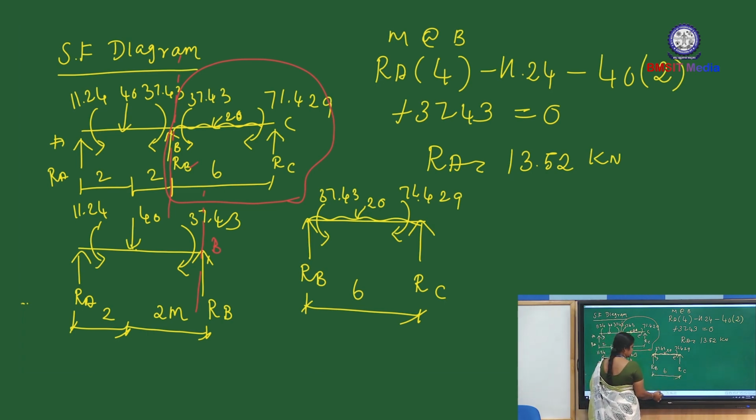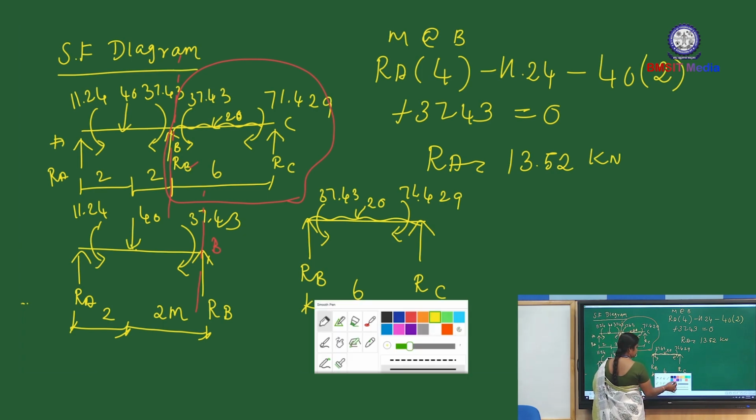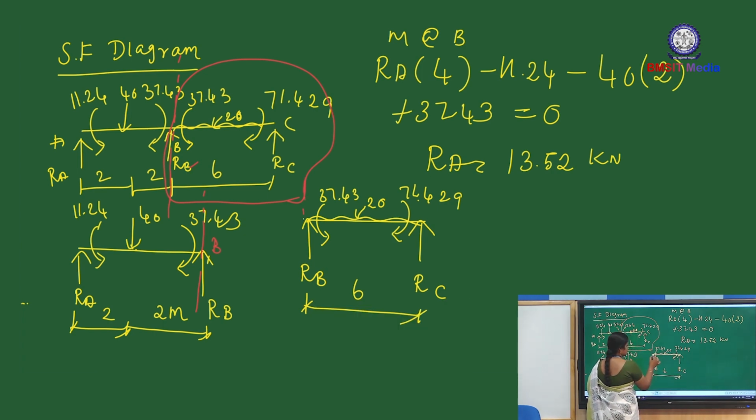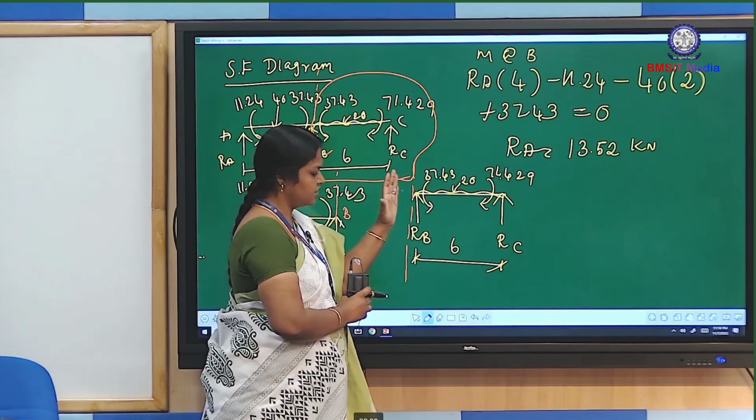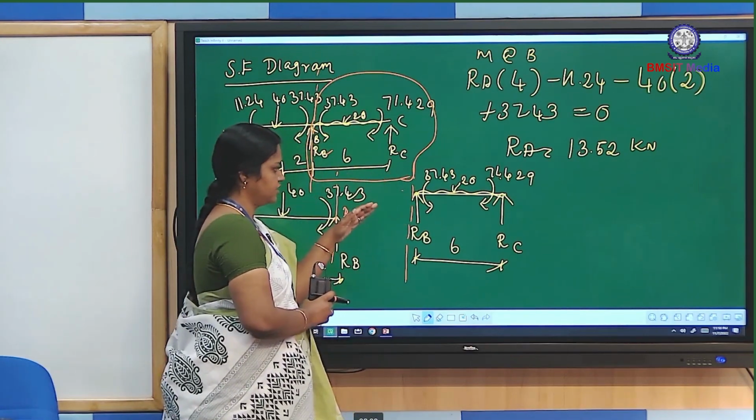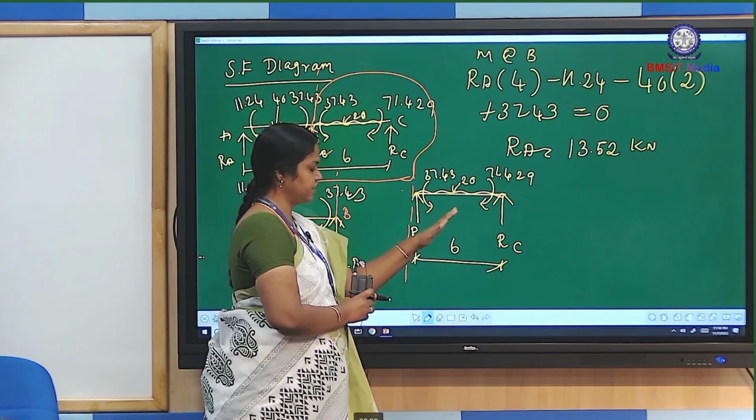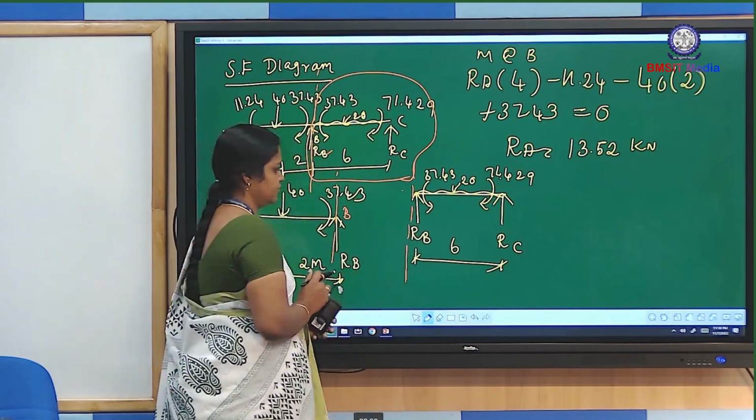Now consider the section here, at the right side. If you consider the section at the right side, the sign convention is different. Here clockwise is negative, anti-clockwise is positive.